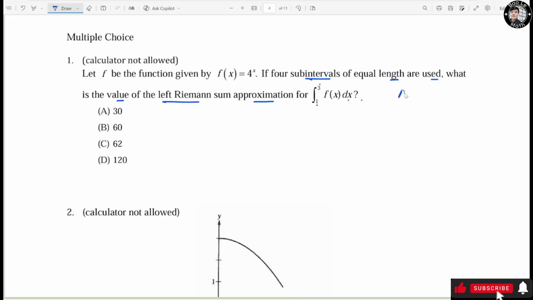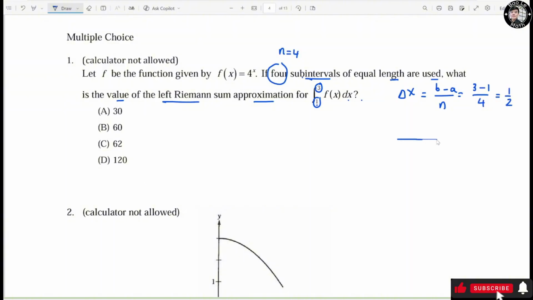We need to find delta x, which is b minus a over n, and n is 4 because you have 4 subintervals. So b is 3 and a is 1, so it's 3 minus 1 divided by 4, which is 1/2.